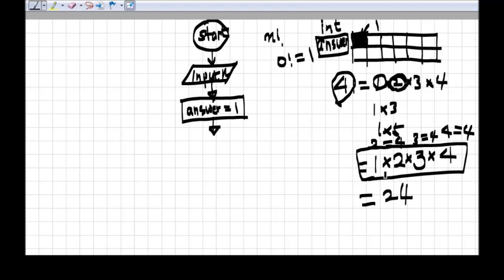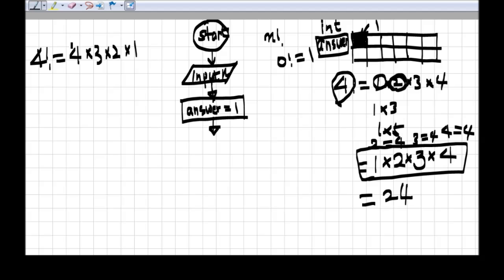So how do I translate these steps into my code here? What I found is that, for me, it's easier, instead of growing like 1, 2, 3, 4, to do it backwards. So in my case, 4 factorial, I do it like 4 times 3 times 2 times 1.